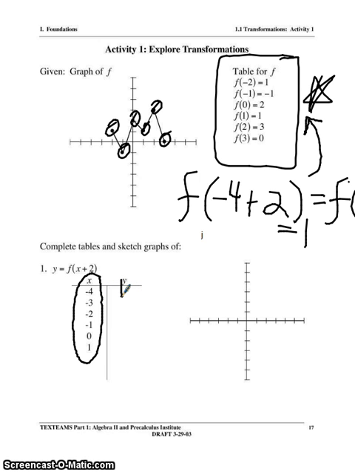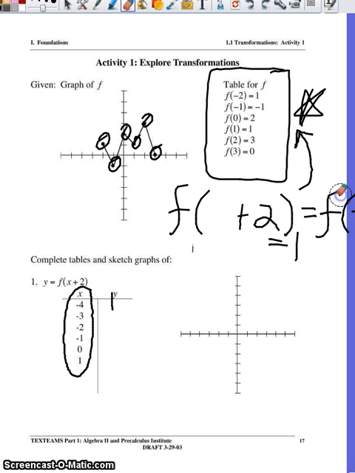Okay, and I'm going to go ahead and finish out the rest of the table doing the exact same thing. So the next one, I'm going to be working with negative 3.